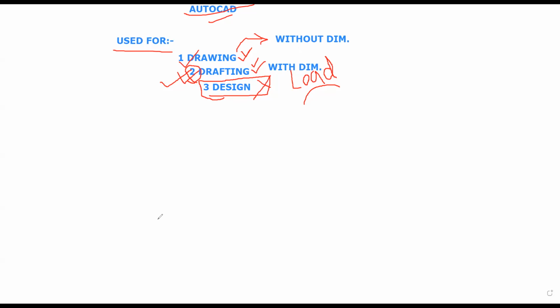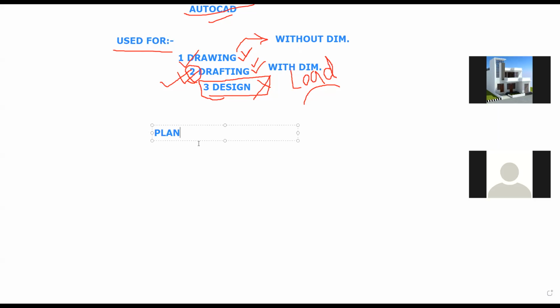So now let's understand what a plan means and what technical terms are used in the civil field or the architectural field. First point, just note down. First point is your plan. What does this plan mean? Okay, now Uday is here. Uday, please note down these topics that I have written, visible on your screen.